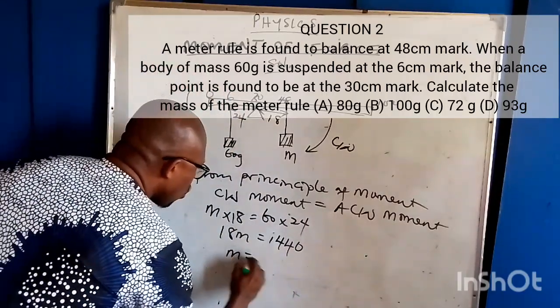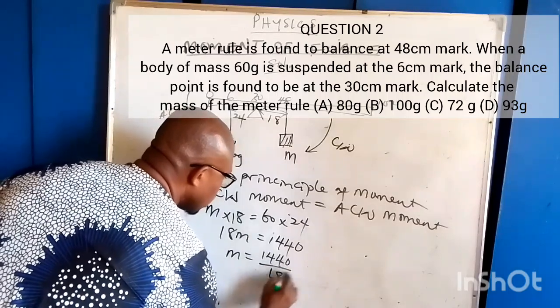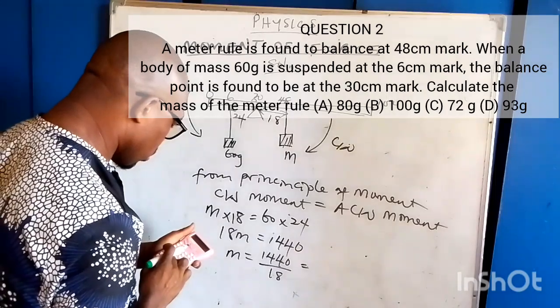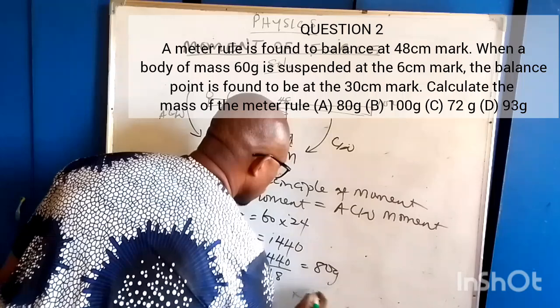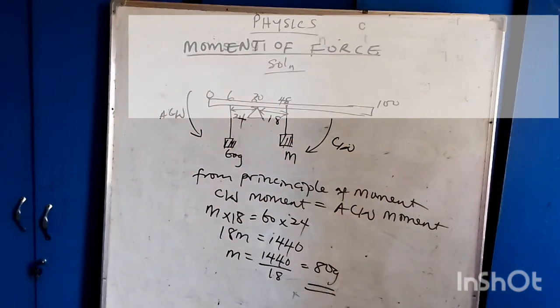Now m will give us 1440 divided by 18, which will give us 80 grams. 80 grams is the mass of this particular meter rule.